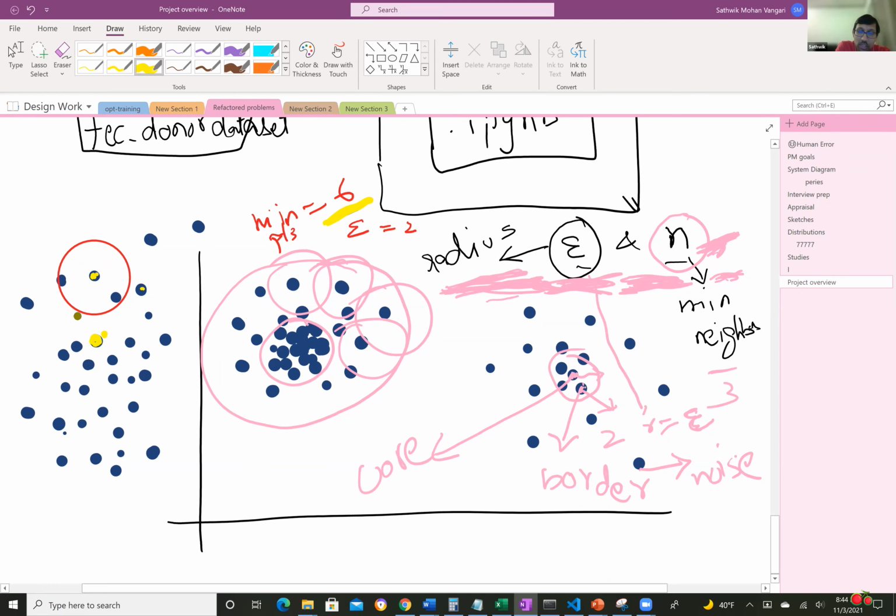And if you put circles around them as well, right? This point is also not a border point. This is also not a border point. And this point is also not a neighbor of another border point or core point. It's pretty far from all the main stuff, right? That makes this a noise.